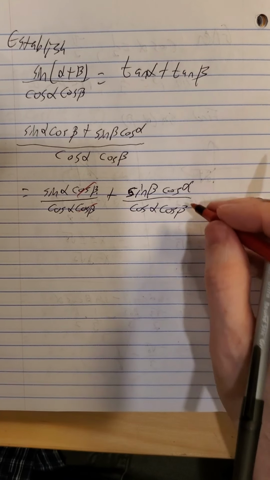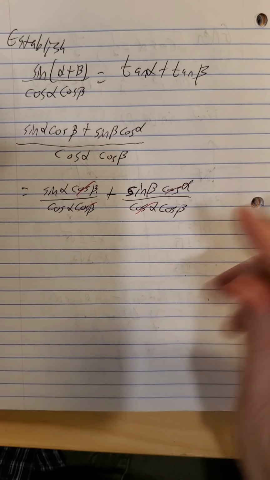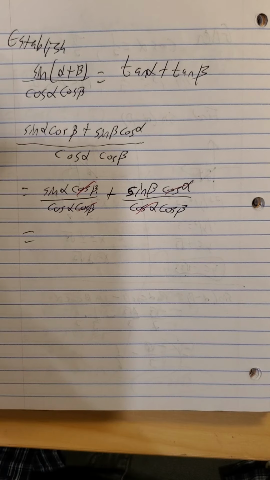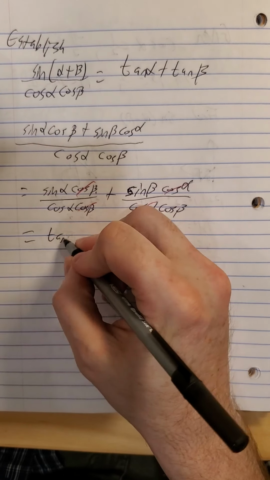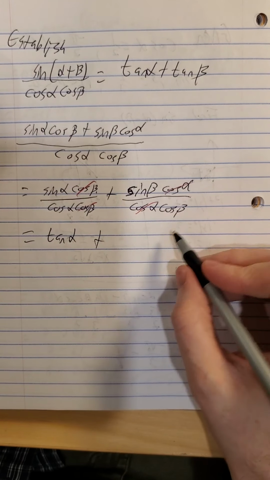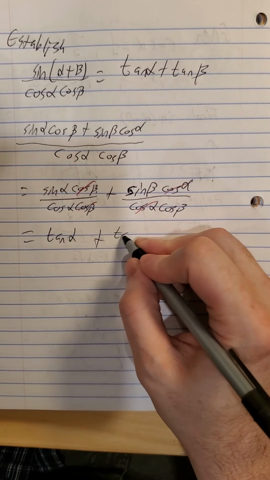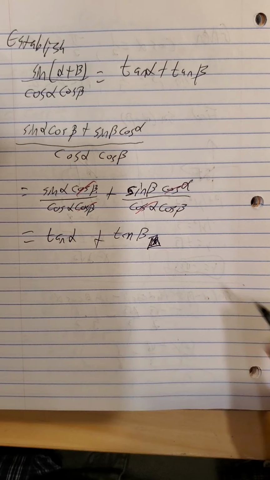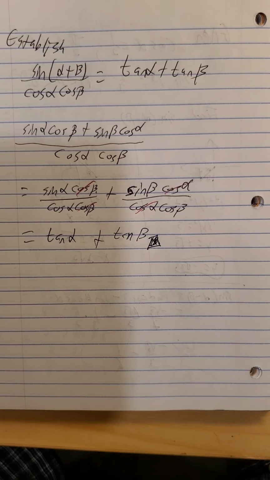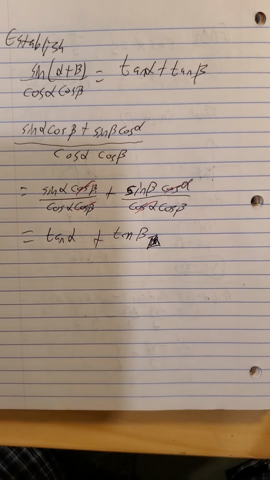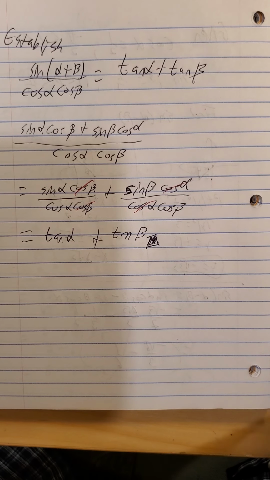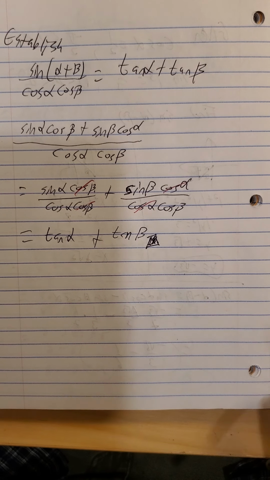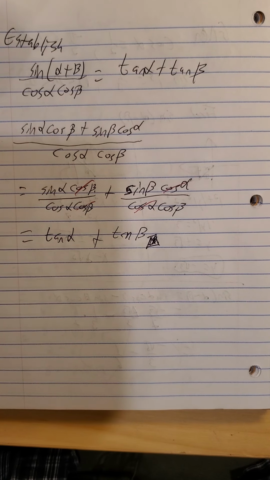Cosine betas drop, cosine alphas drop. Sine alpha over cosine alpha is tangent alpha. Sine beta over cosine beta, tangent beta. It's a nice pretty little identity there. Not too terrible a proof, excuse me.